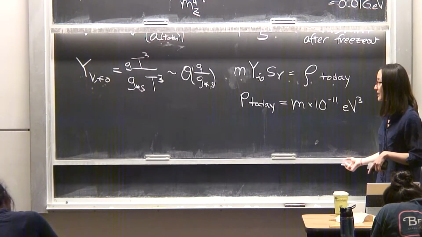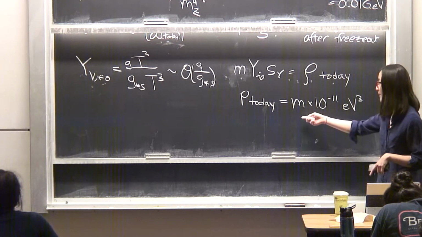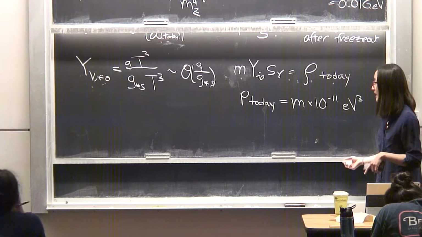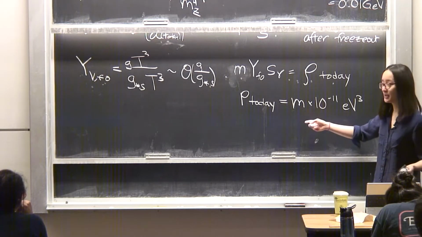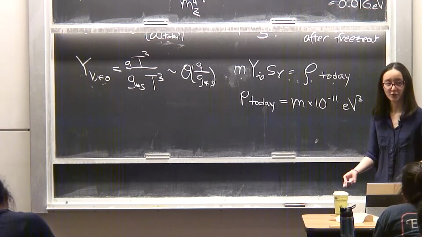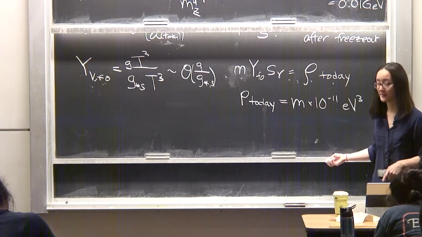And as was also discussed, the neutrino mass is bounded to be less than about 0.1 eV. And so we also know that the neutrinos are a small fraction of the total energy density in the dark matter.